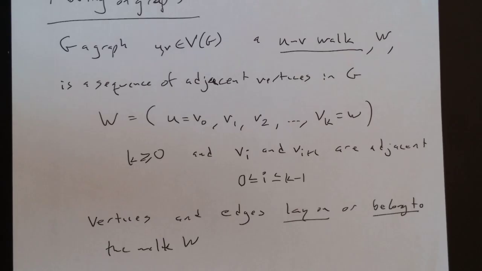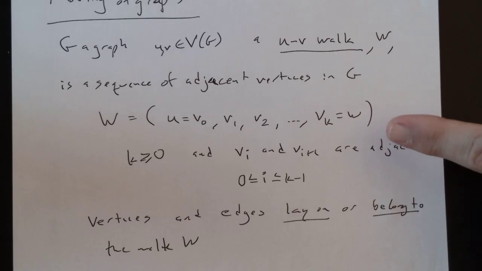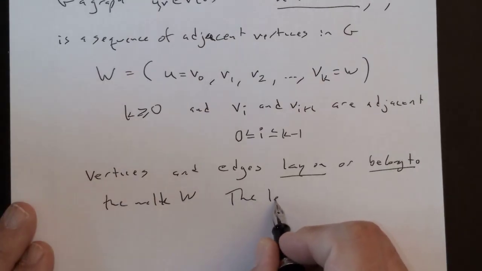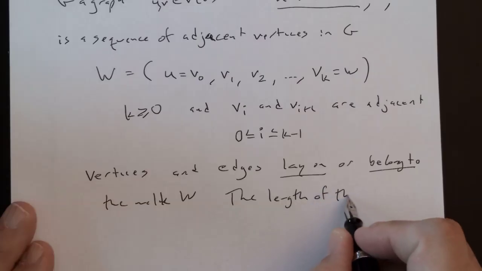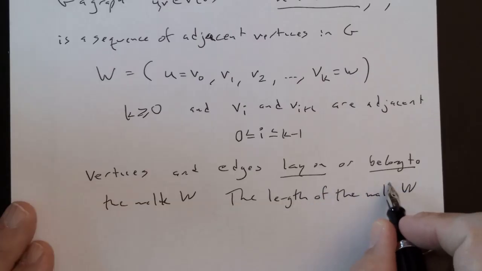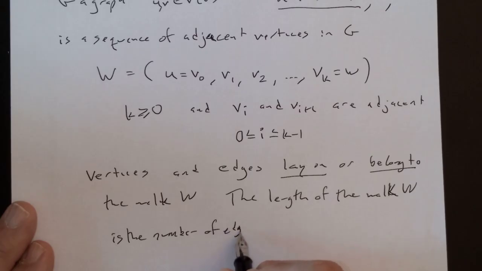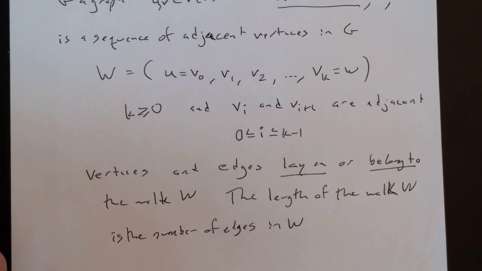The walk we have written down up here has k edges. The number of edges is the length of the walk. So 0 to 1, 1 to 2, 2 to 3, 3 to 4, all the way up to k minus 1 to k.